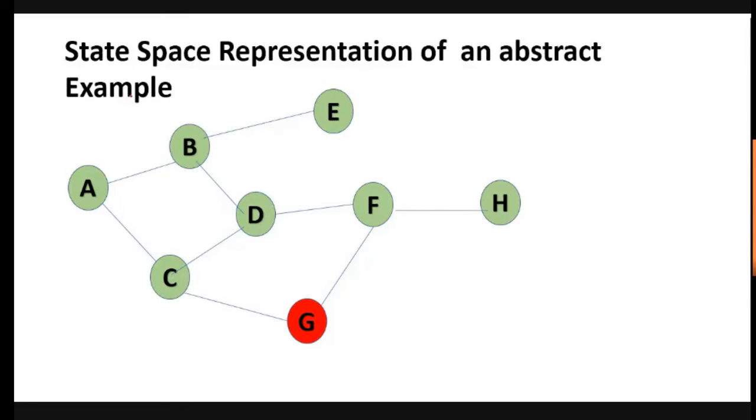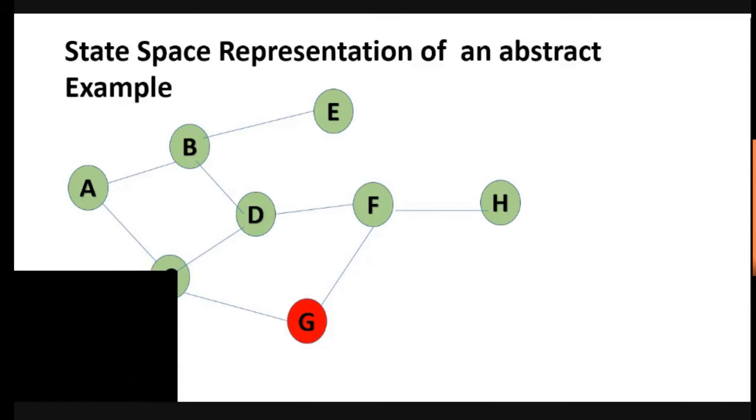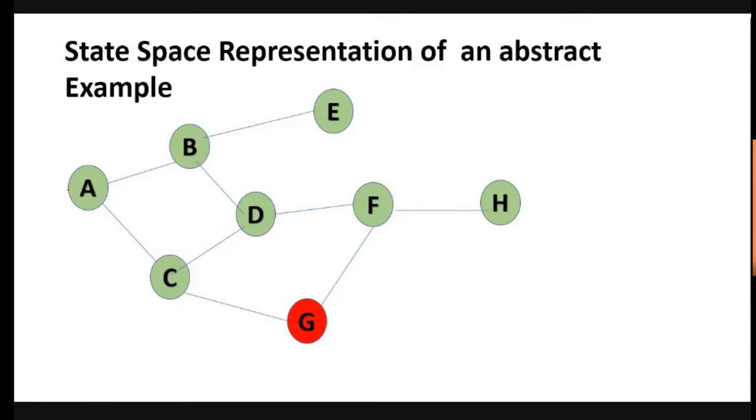So we are coming back to the state representation of an abstract example, which I think we had once in our last class. Just consider how many nodes there are: this is node 1, 2, 3, 4, 5, 6, 7, and 8.